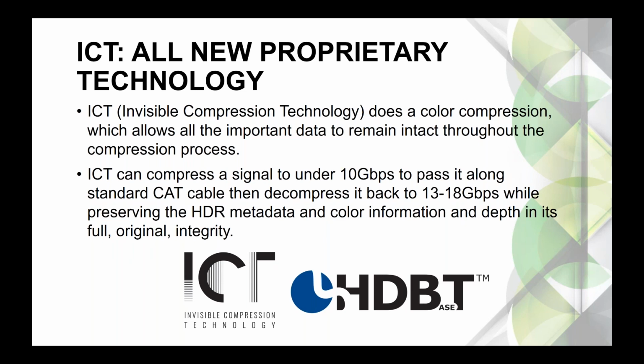So ICT compression does color compression. We take that 444, 422 signal and we compress it to 420 8-bit.